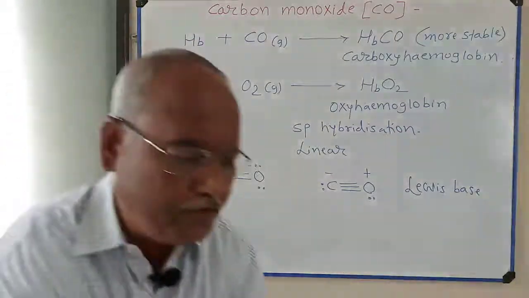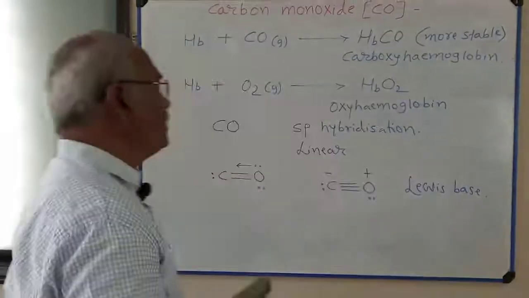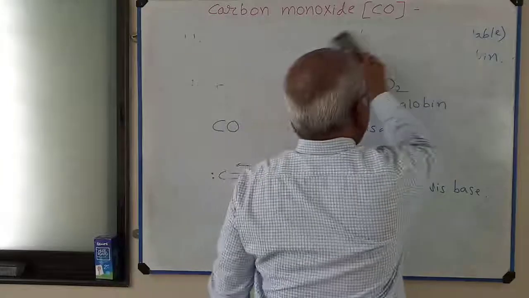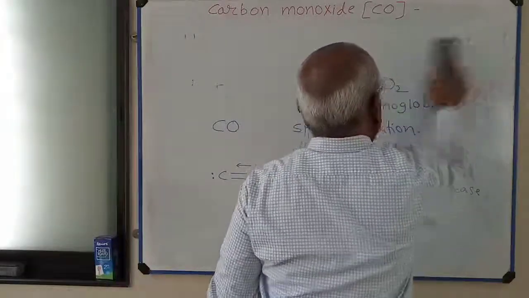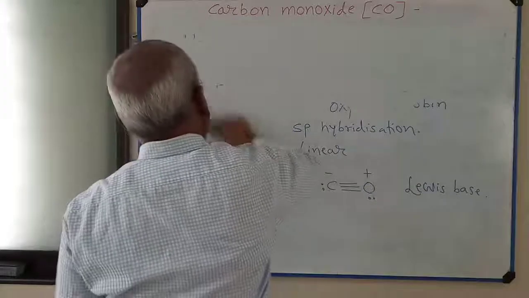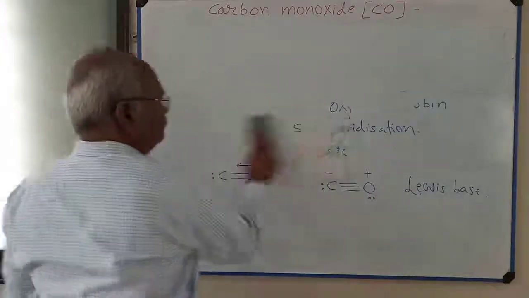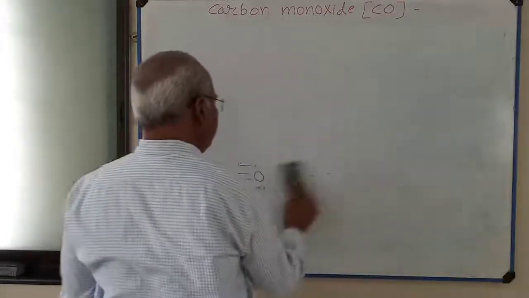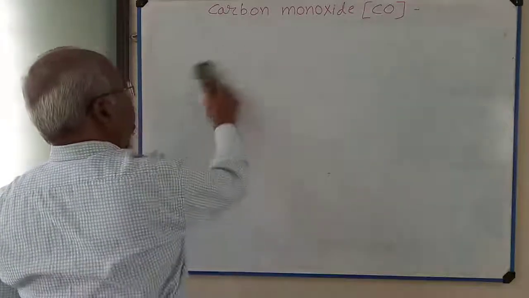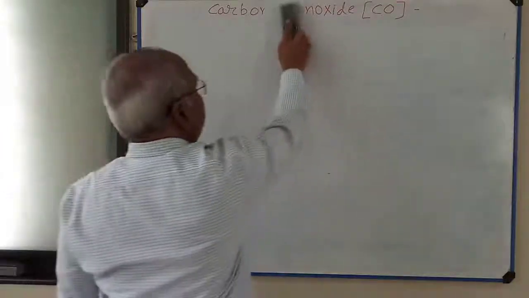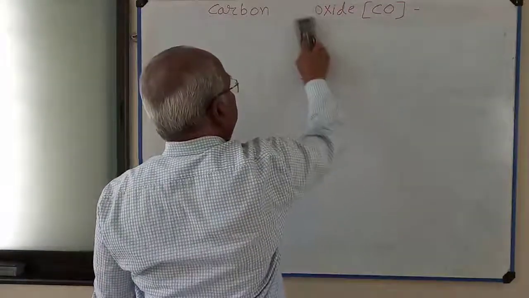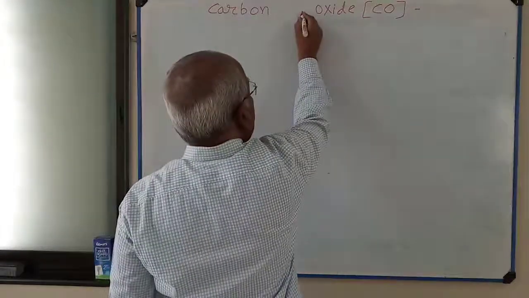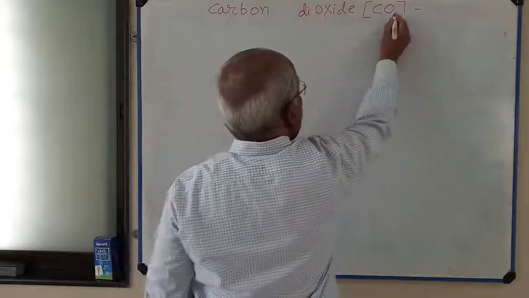So after completing the study of carbon monoxide, we are going to learn about carbon dioxide. So, a very simple part of this topic. First we shall study the preparation of carbon dioxide. Here I write the heading, carbon dioxide.